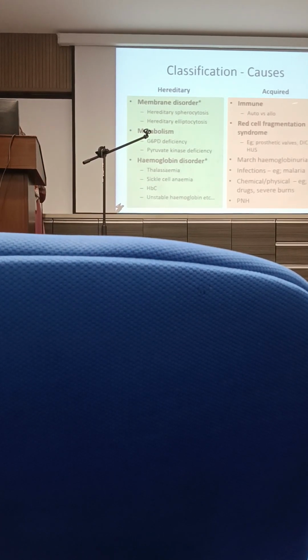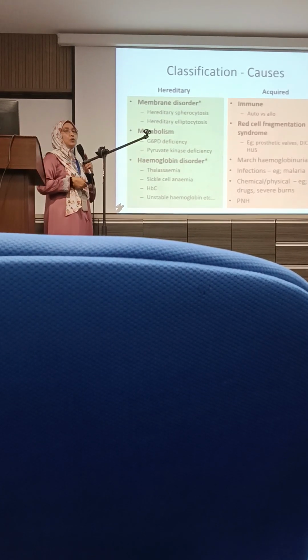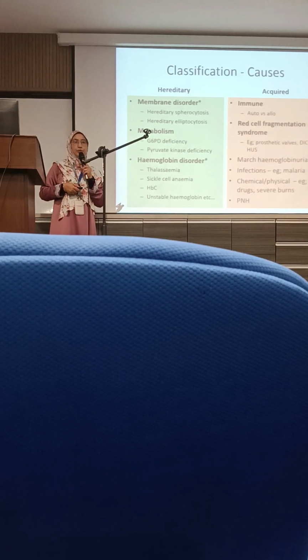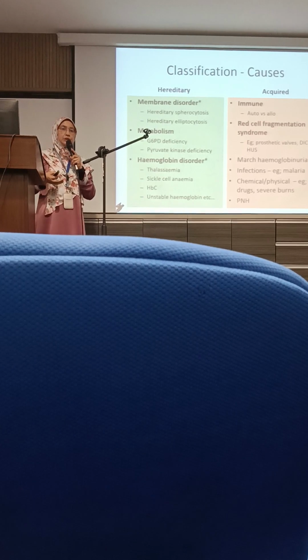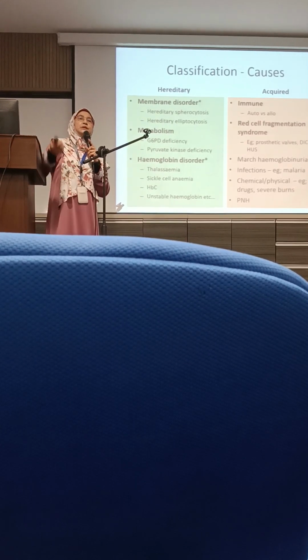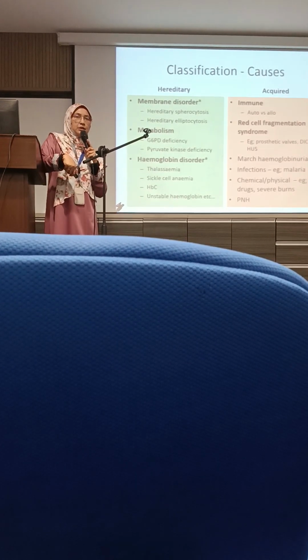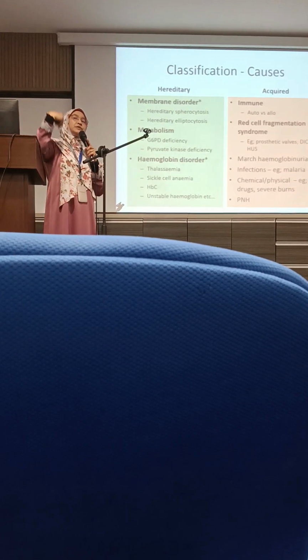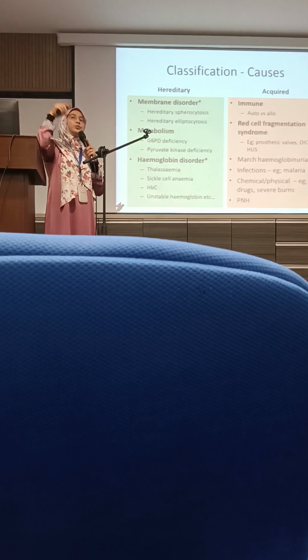Acquired causes can be due to immune reaction. It can be autoimmune or alloimmune. Pernah dengar auto and alloimmune? Tak pernah. Auto is your body produces the antibody towards your own cells. Allo is antibody towards other cells. For example, you dapat blood transfusion, your body produces antibody towards that cell.